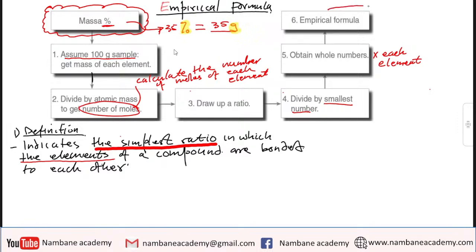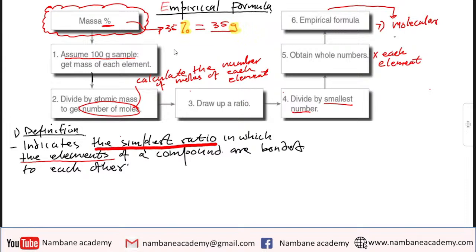But I am going to add 7 here. 7 is molecular formula. So with the molecular formula, we'll need to have what we call a multiplier. What is this multiplier?